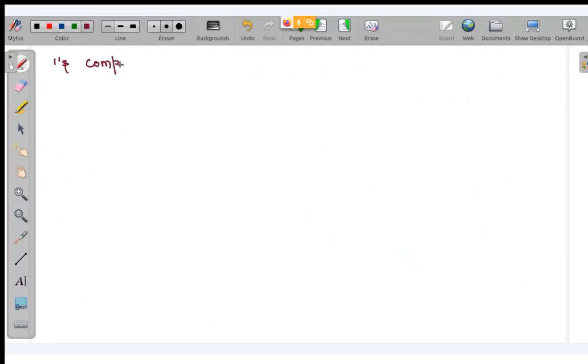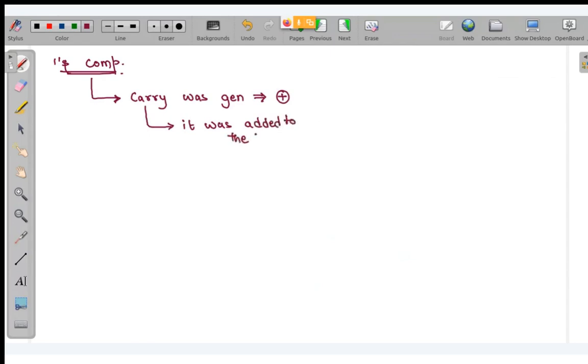If you remember one's complement, when we were doing all the calculation and performed the arithmetic, if carry was generated, the number will be positive and the carry generated was added to the LSB of the result.